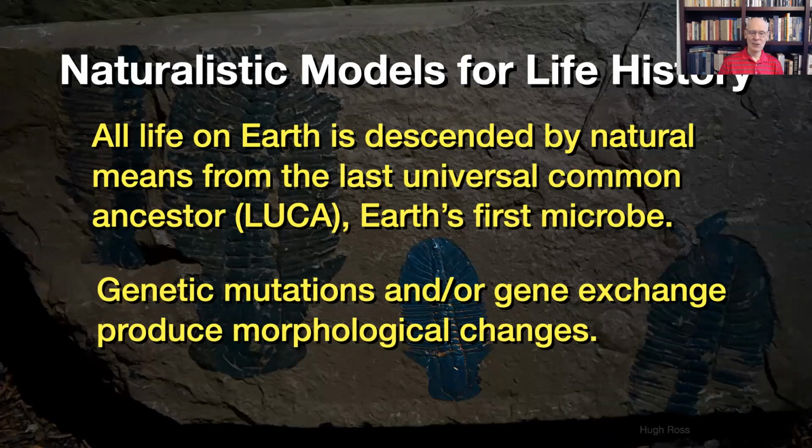And the assumption is that the changes in the morphology of these creatures are all driven by changes in the genes. So there are these mutations that happen in the genes. And at least at the microbial level, we do see the capacity for some microbes to exchange parts of their genome with other microbes.